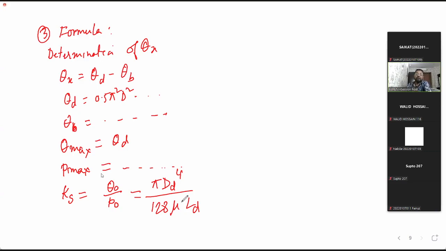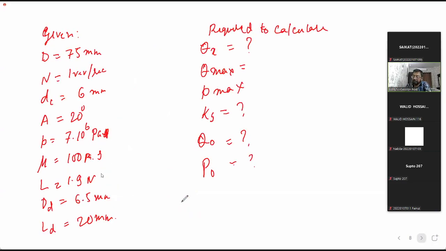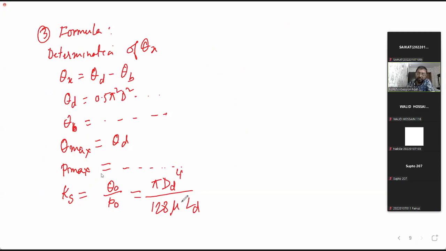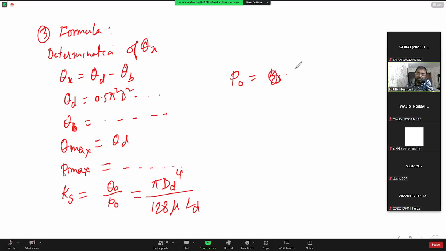Okay. Now next thing we have to calculate, what is that? We have to calculate Q0 and P0. So we can write P0 will be equal to Q0 divided by Ks.